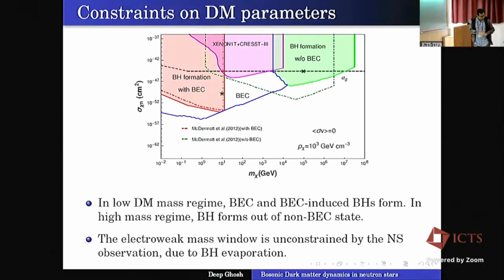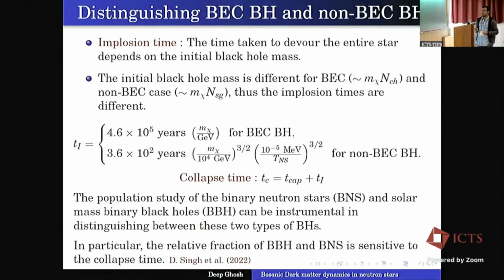Now the question is, can we distinguish between non-BEC black holes and BEC black holes? For that, we need to look at gravitational signals. So here are some time scales. This is the implosion time scale. As I have said, first a mini black hole forms inside the neutron star, and then it acquires more baryons.